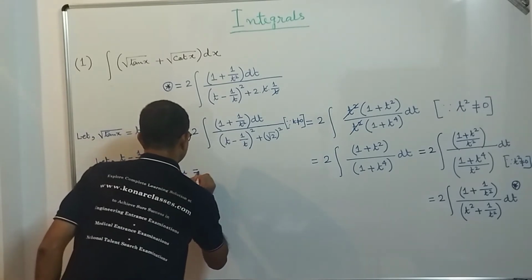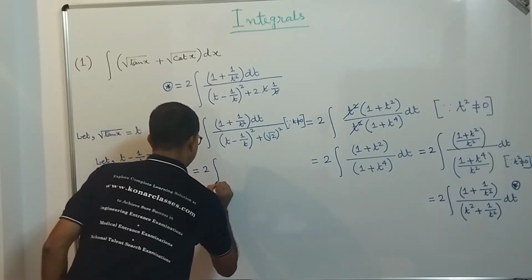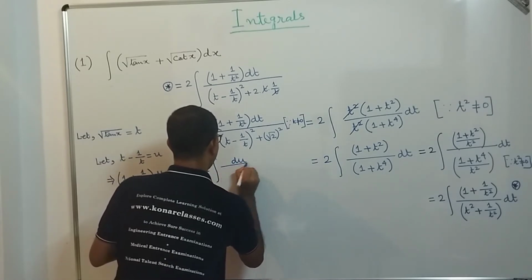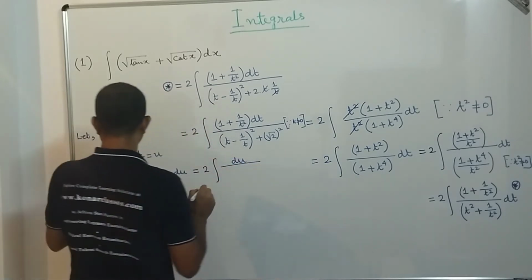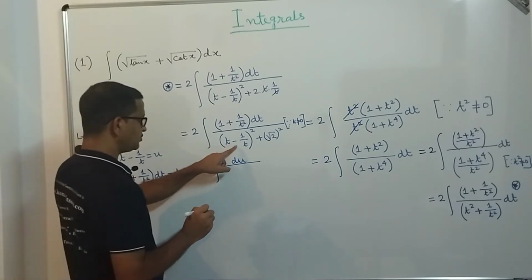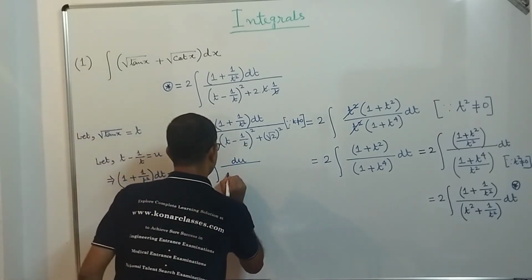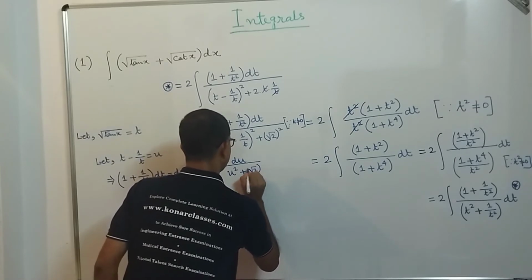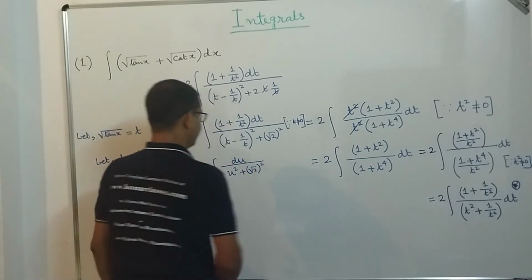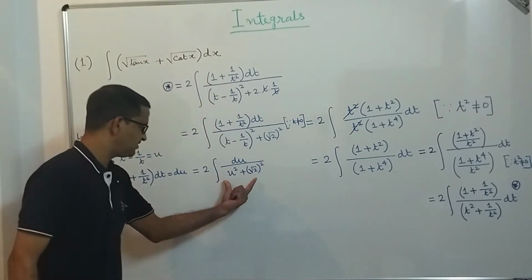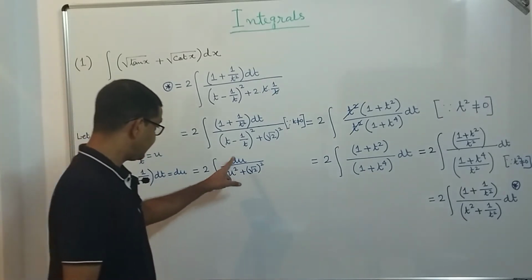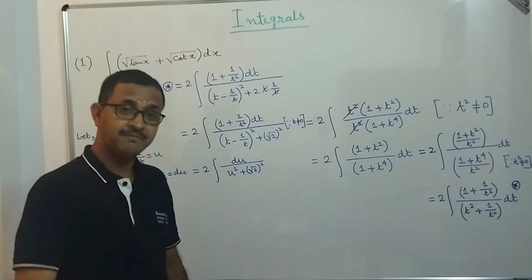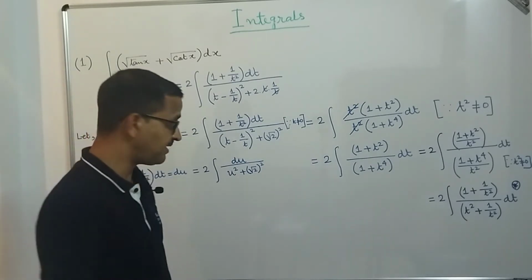So by means of this substitution, we get 2 integration, in the numerator du, and in the denominator t minus 1 by t whole square becomes u square plus root 2 whole square. Now, dear students, this is in our known form: integration dx by x square plus a square is equal to 1 by a into tan inverse x by a.